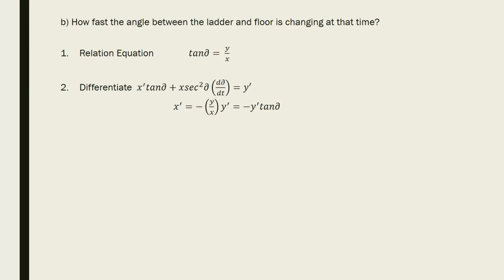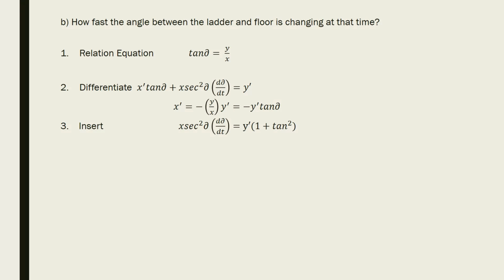From the first question, x prime equals negative y over x times y prime, the negative reciprocal, so x prime equals negative y prime tangent theta. Inserting this into the former equation, we get x secant squared theta times d theta over dt equals y prime times 1 plus tangent squared theta.